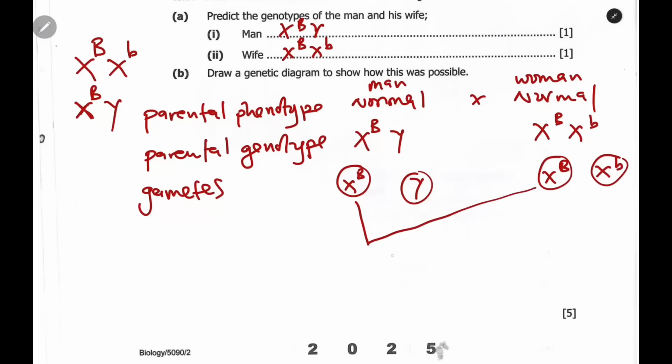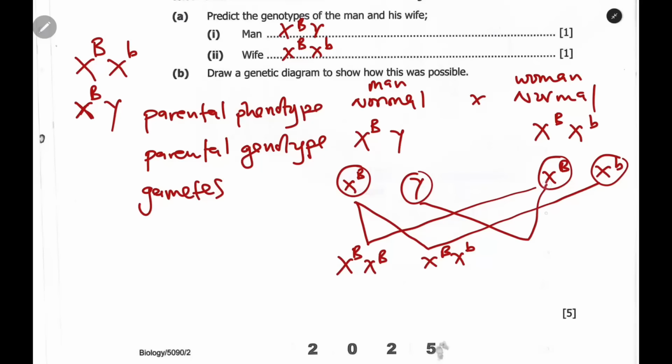So this with that is going to be XB XB. Then this with that is going to be XB Xb. Then this with this is going to be XBY. Then this with this is going to be XbY.